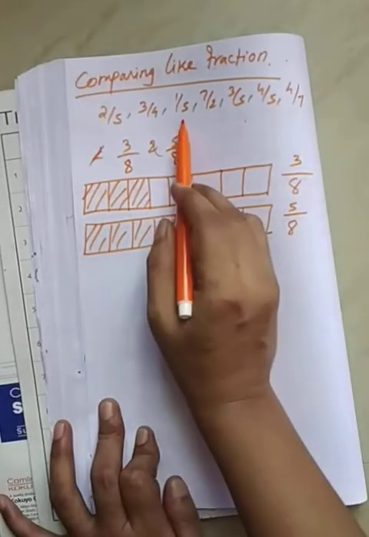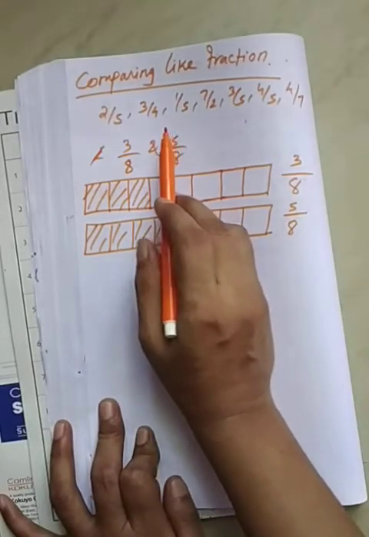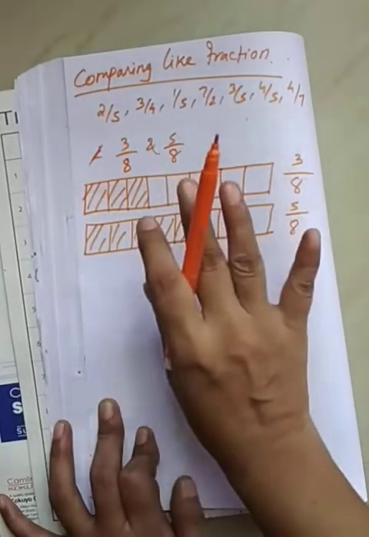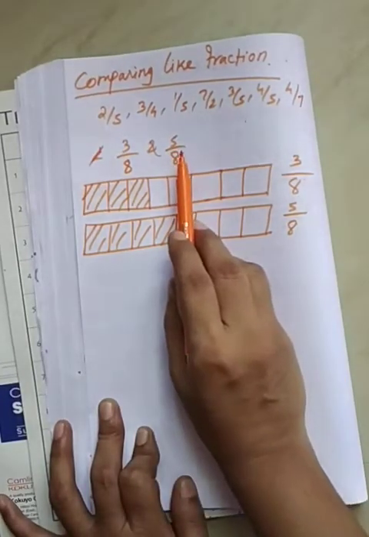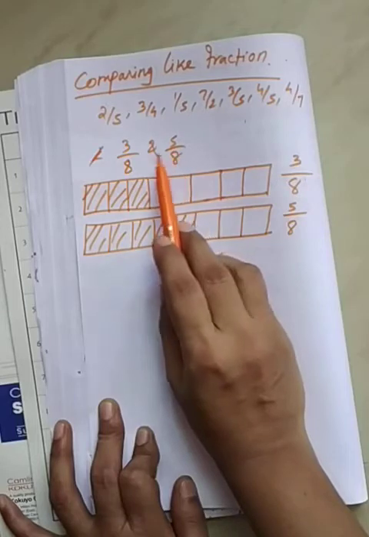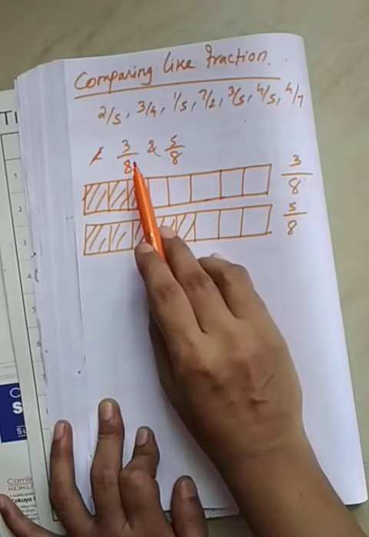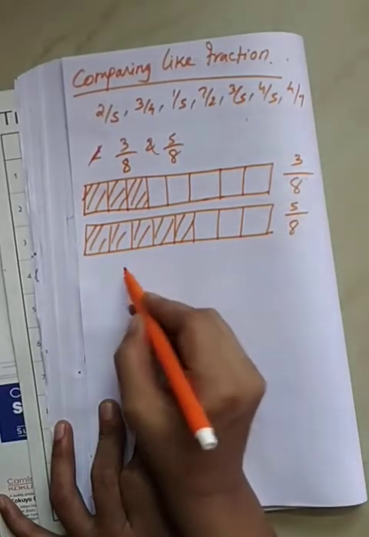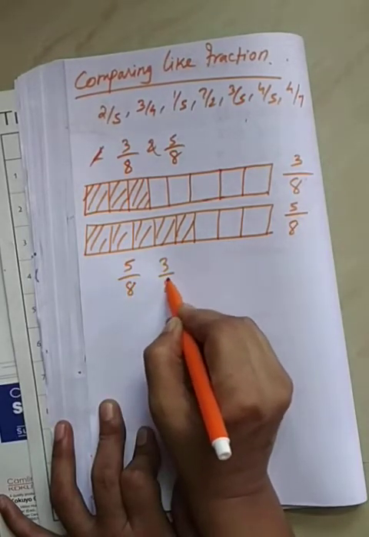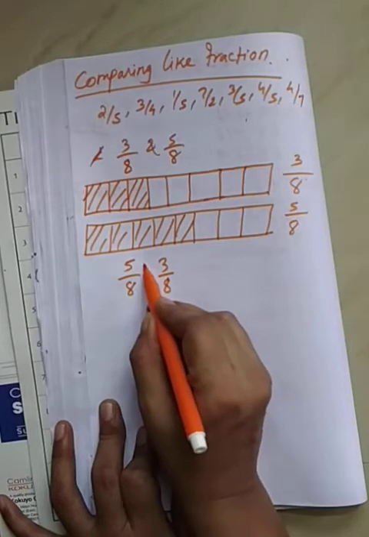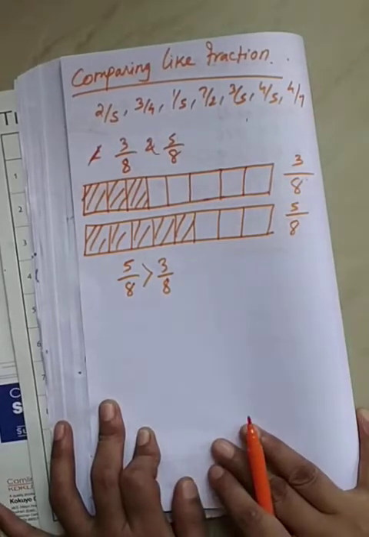Right? See, this is larger. Hence, 5 by 8, 3 by 8 means which one is greater? 5 by 8 is greater.